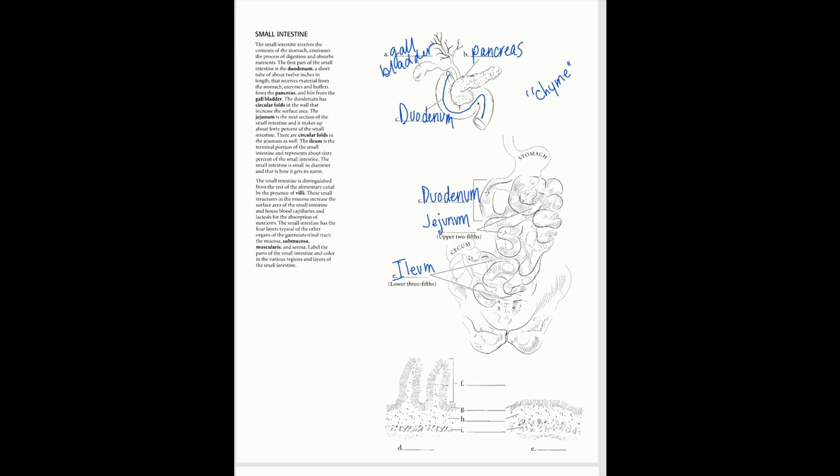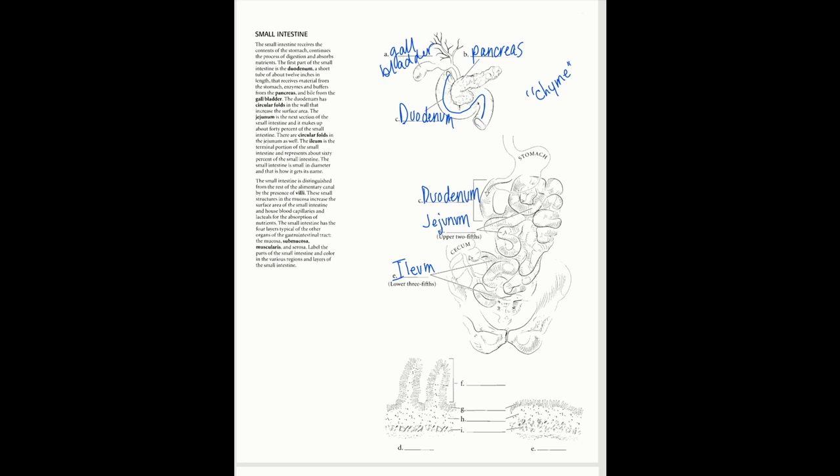Now anyhow, in regards to anatomy, in regards to physiology, as chyme is moving through the small intestine, it's throughout the small intestine that you're going to have nutrient absorption.